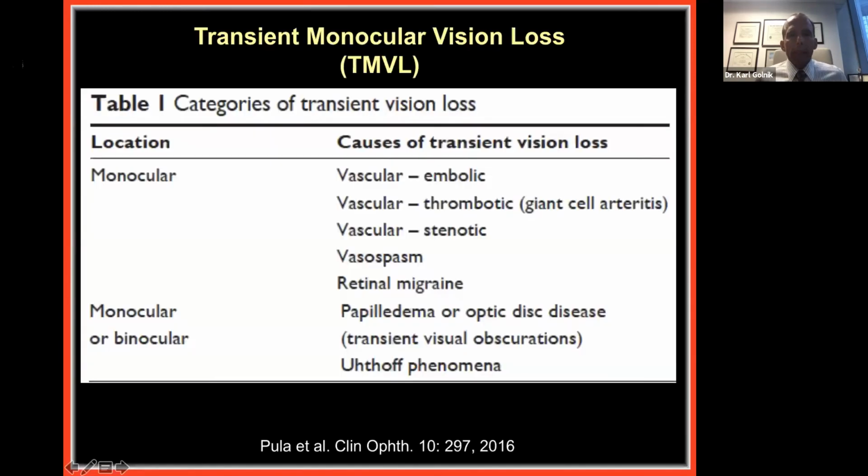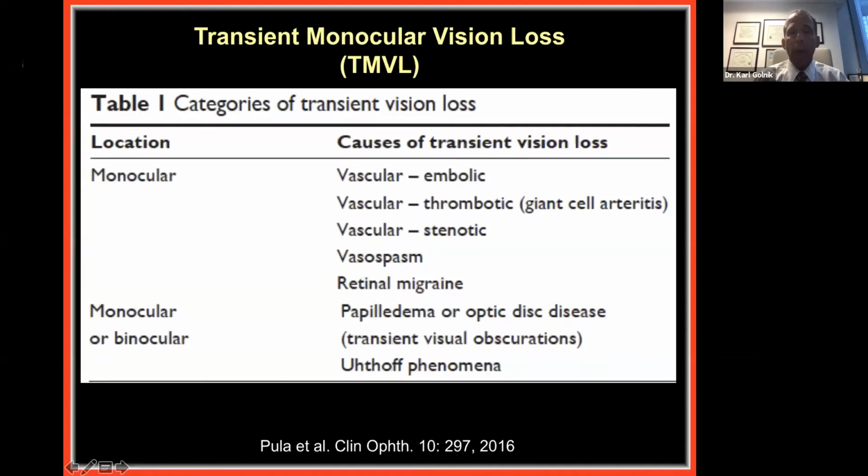This is a review paper that was written a few years ago now, and they list here some causes of transient vision loss. You can see under monocular, we have vascular, embolic, something traveling through the bloodstream. Is it thrombotic, something like giant cell arteritis? Is it vascular and related to narrowing of blood vessels?